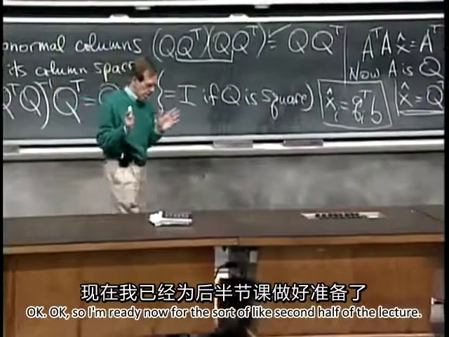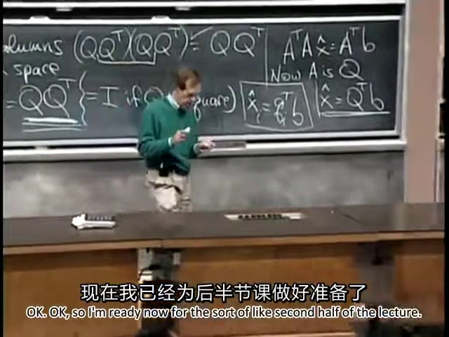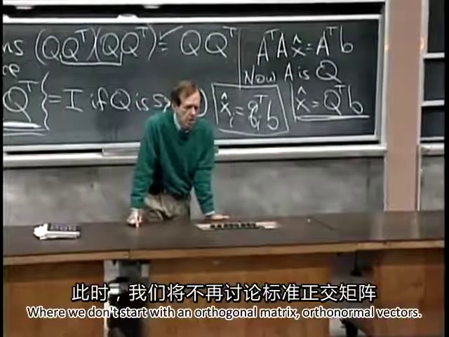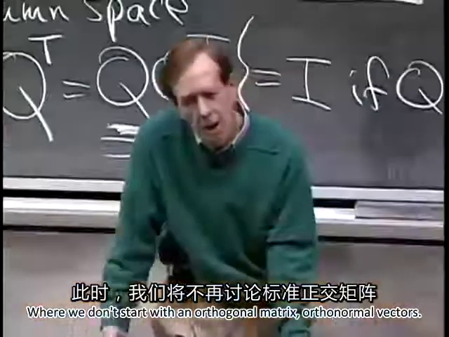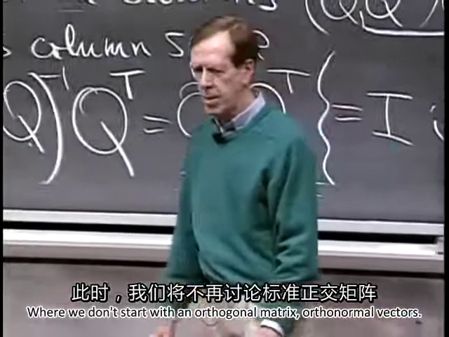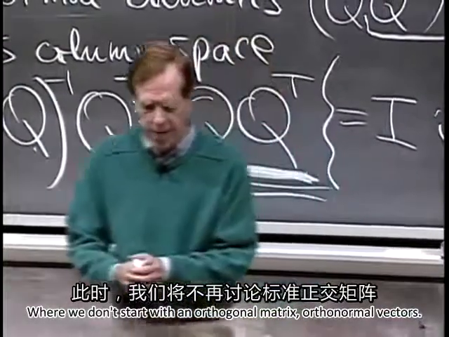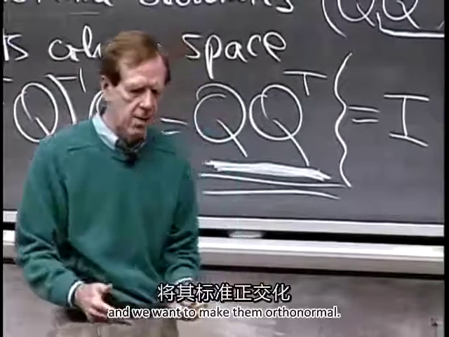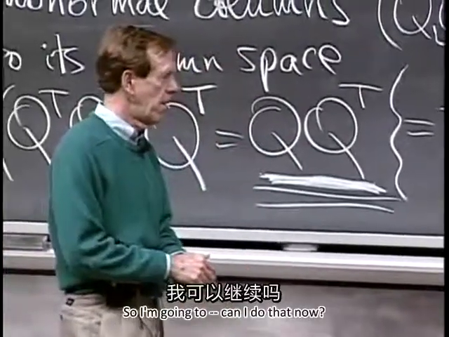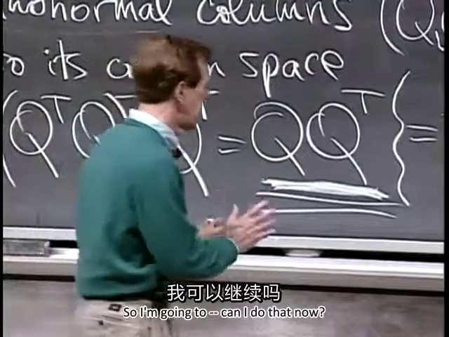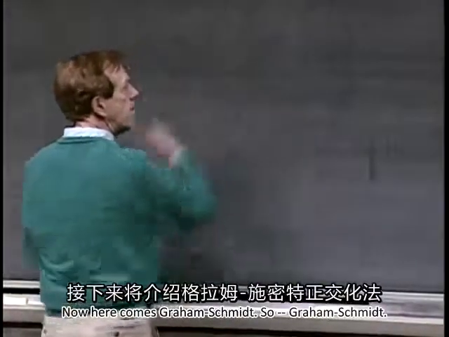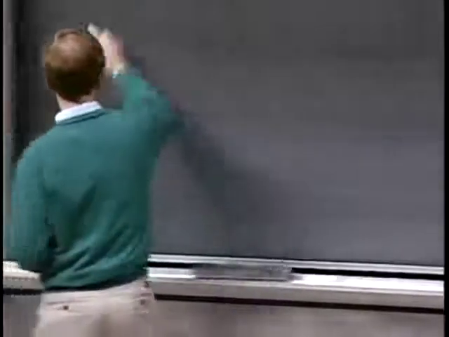Okay, so I'm ready now for the second half of the lecture where we don't start with an orthogonal matrix, orthonormal vectors. We just start with independent vectors and we want to make them orthonormal. So can I do that now? Now, here comes Gram-Schmidt.